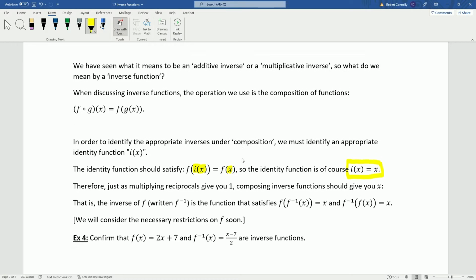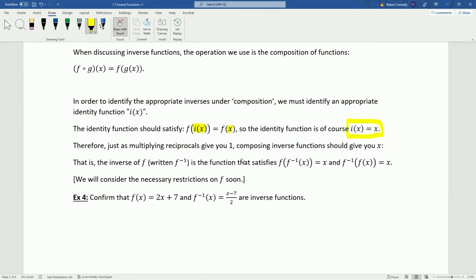Okay, hopefully that's clear. So, just like multiplying reciprocals gives you 1, or adding negatives gives you 0, composing the inverse functions should give you the identity x. So the inverse of f, written f superscript -1, now is the function that satisfies f of f inverse of x equals x, and f inverse of f of x equals x.